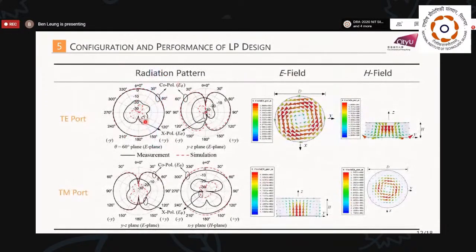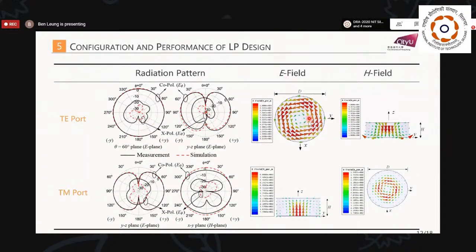Well, this is the TE port radiation pattern and TM port radiation pattern. Now, as we can see, both of them give us omnidirectional pattern. This is the elevation plane. This one and this one is the elevation plane. And this one is the horizontal plane. Okay, here we can see the E field.